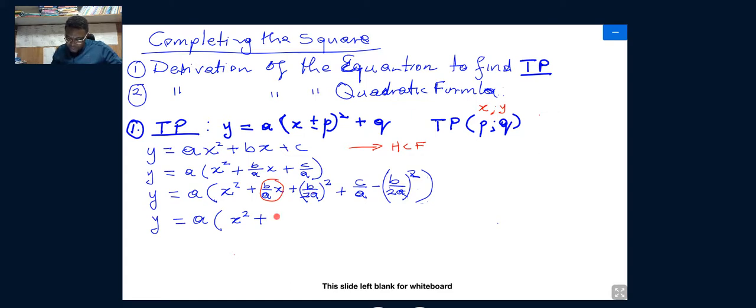We are left with b over 2a all squared plus c over a minus b squared over 4a squared.